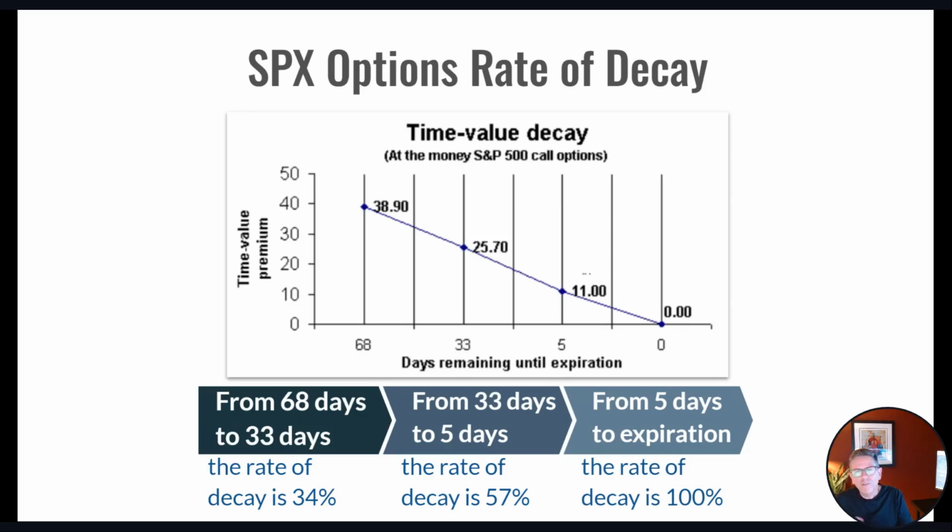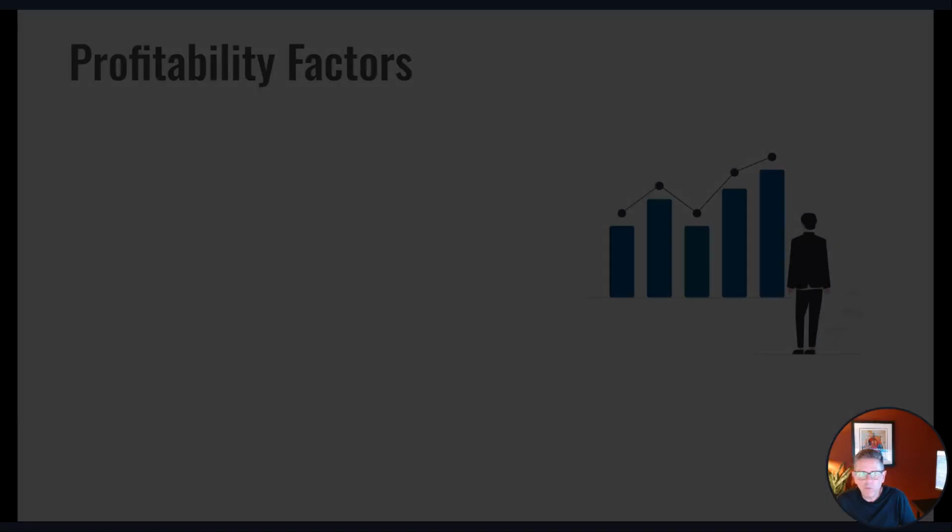Measuring that with volatility, it's out there, but typically that's how the decay works in an option, and it's a great tool to use, because when you sell options, they're diminishing over time, and that gives you a better chance for a profit.